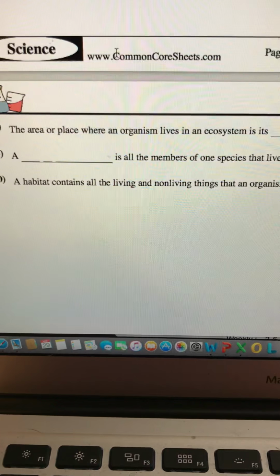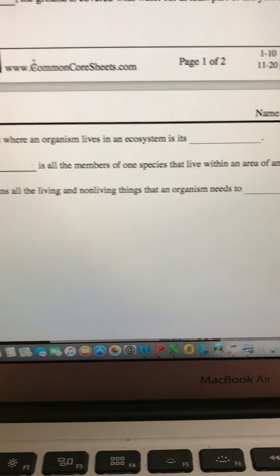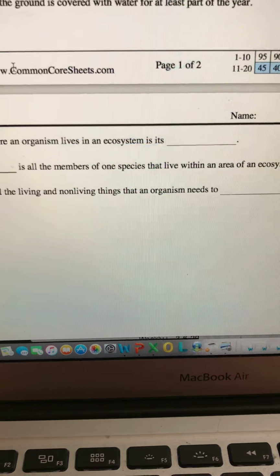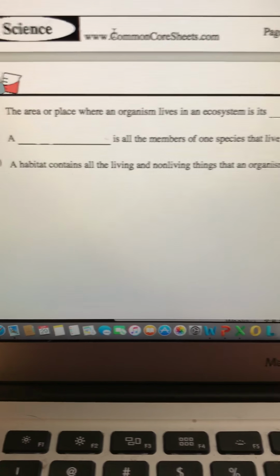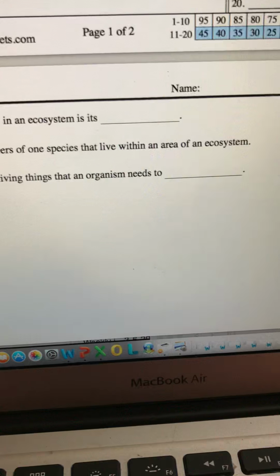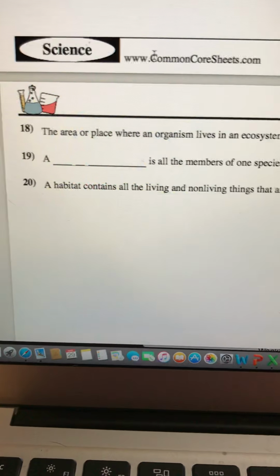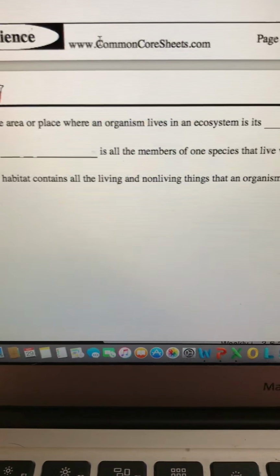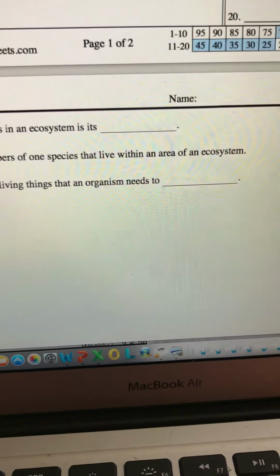Number 18, the area or place where an organism lives in an ecosystem is its blank. 19, a blank is all the members of one species that live within an area of an ecosystem. 20, a habitat contains all the living and non-living things that an organism needs to blank.